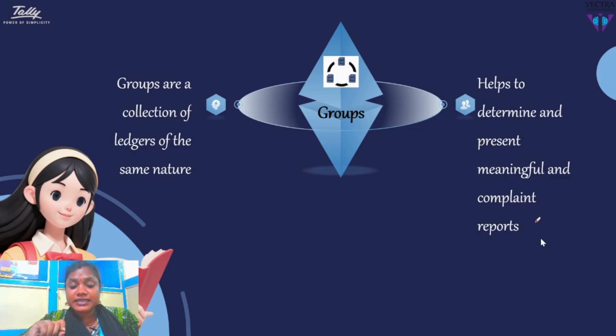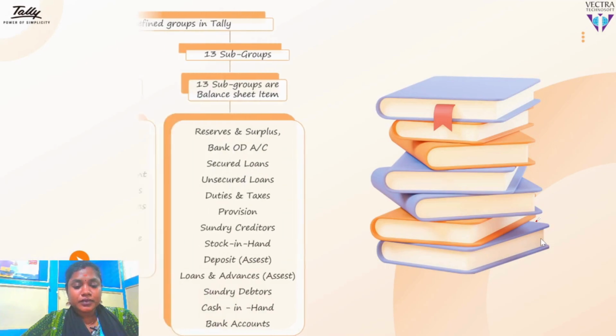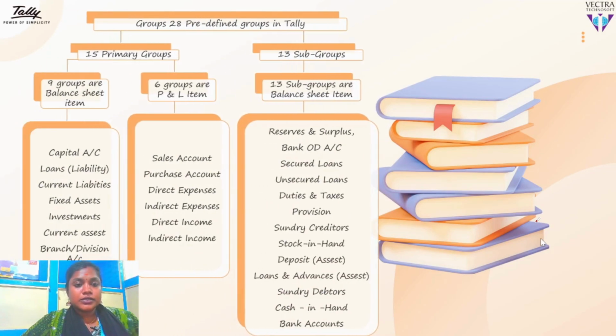So let's see the classification of accounting groups and its impact on the financial statement. These are the predefined groups in Tally: 15 primary groups and 13 subgroups.